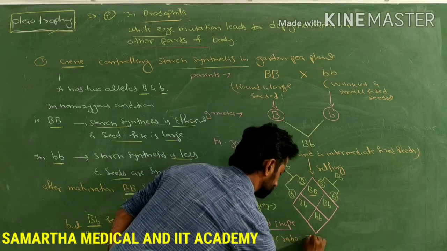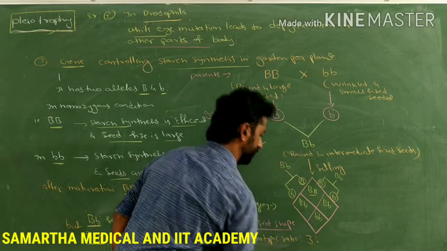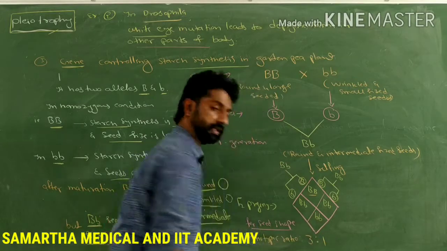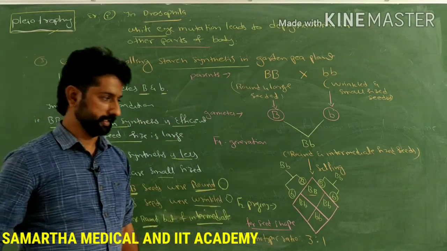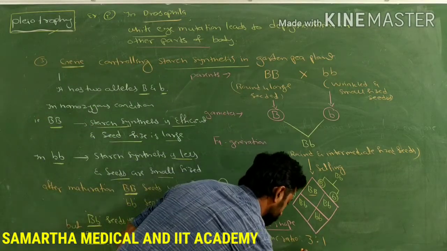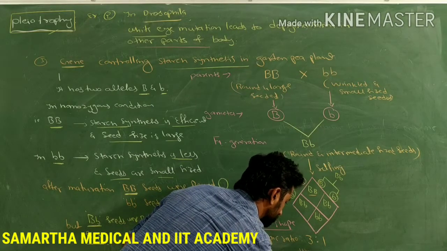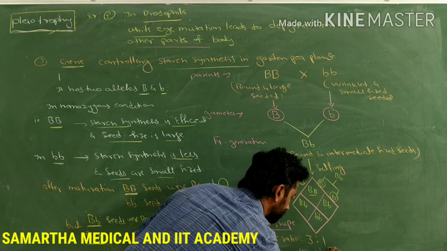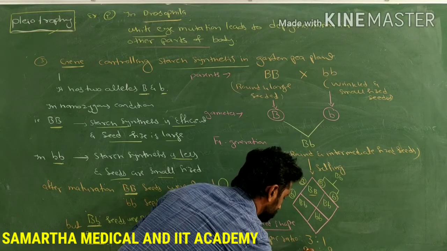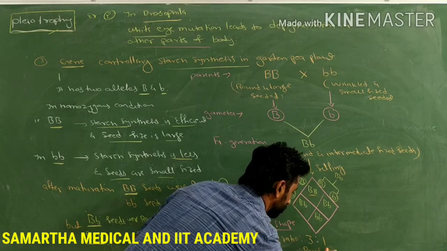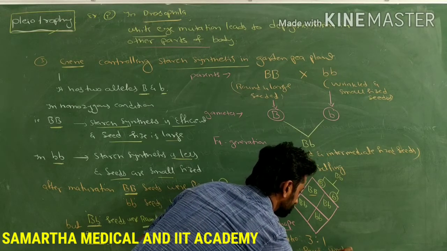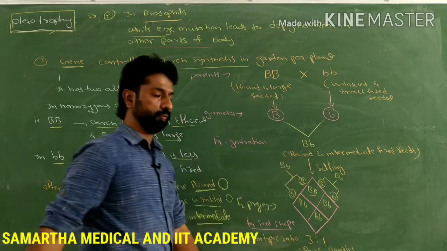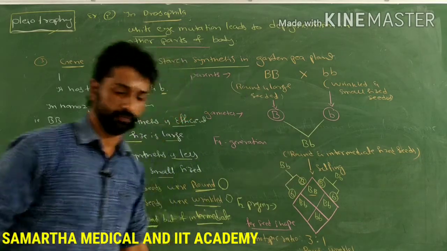So 3 are round and one is wrinkled. So 3:1 is the phenotypic ratio.